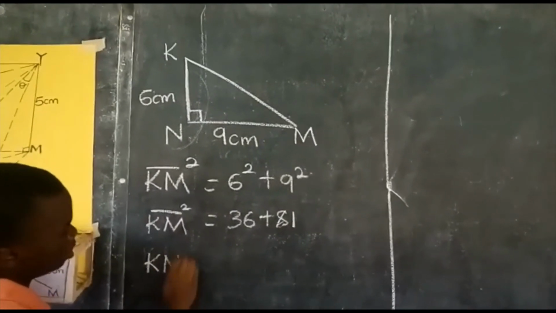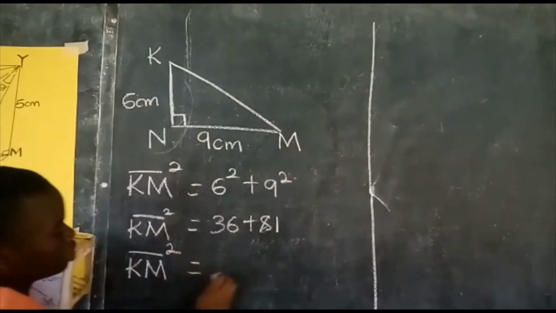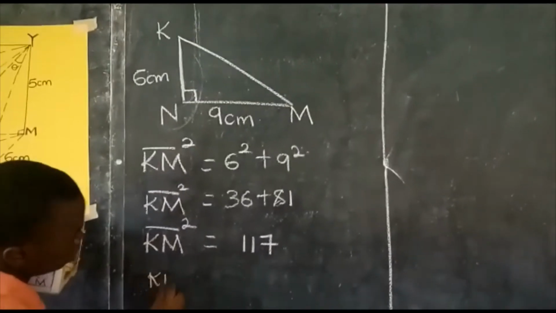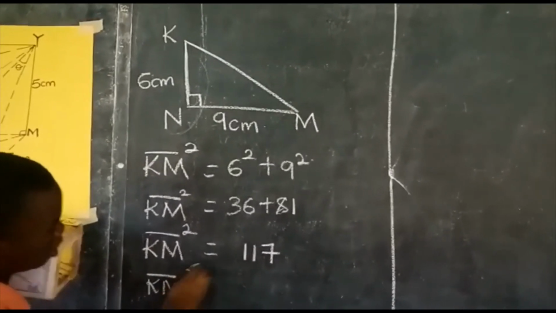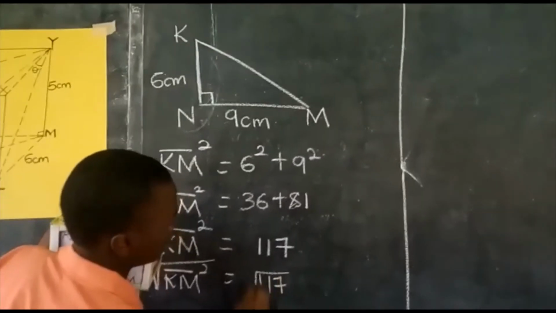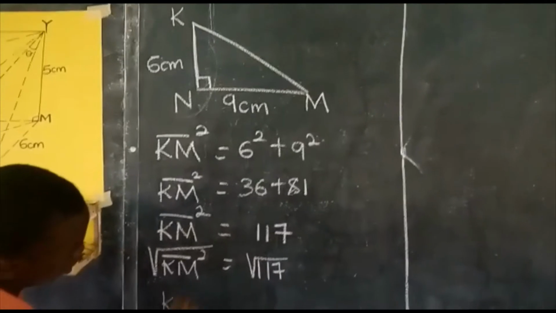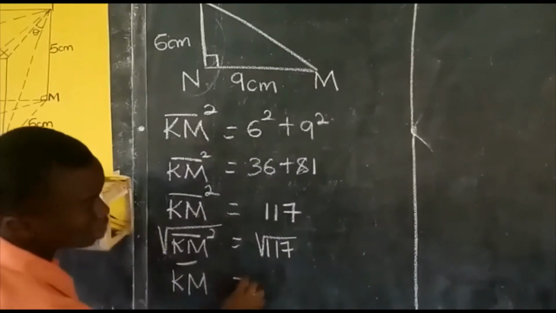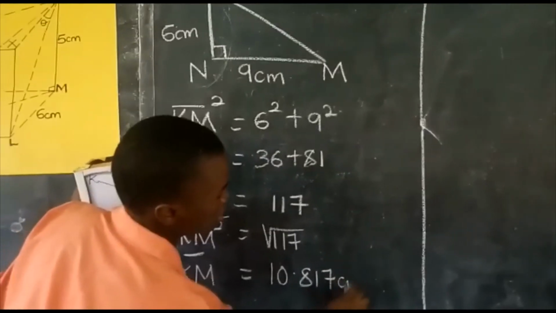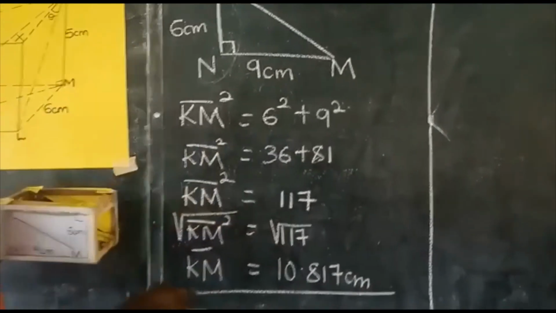Therefore, line KM squared is equal to 117. So KM, taking the square root, is equal to the square root of 117. Therefore, length KM is equal to 10.817 centimeters. Therefore, this is our length KM.